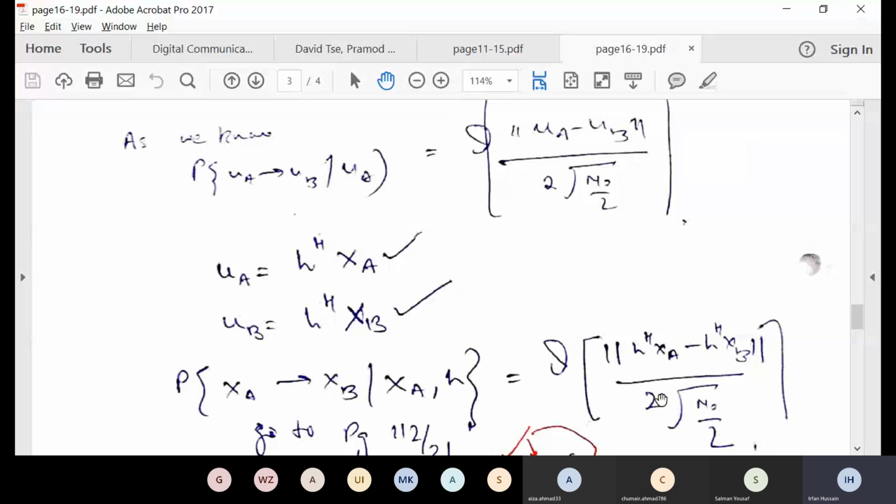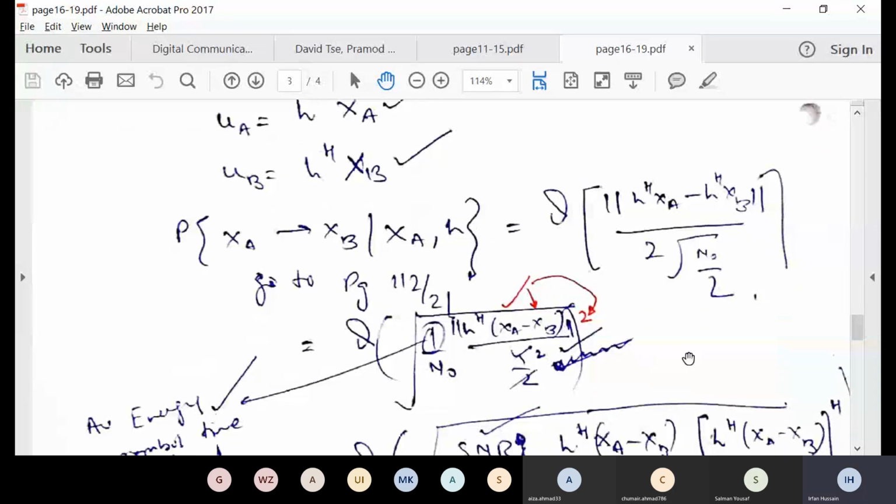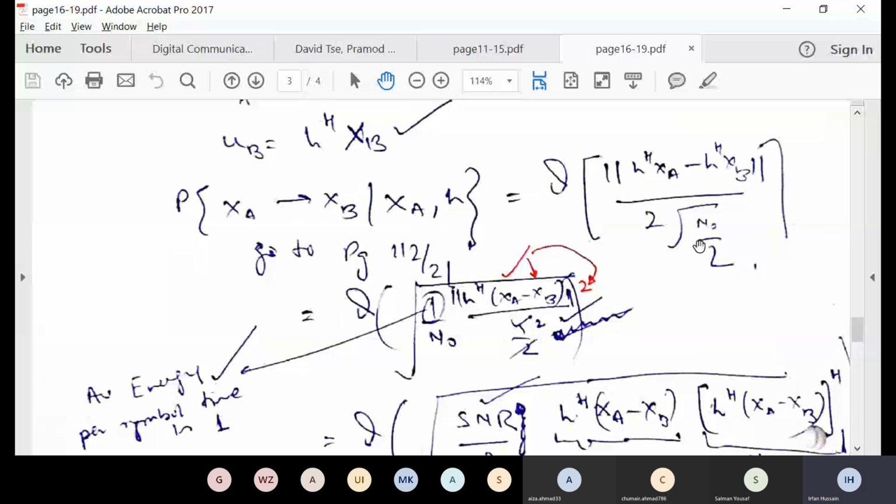UA minus UB. Receive signal minus receive signal. This minus this, over 2 under root n0 by 2. Now, just to simplify, I can take the under root above here. This will become a square.